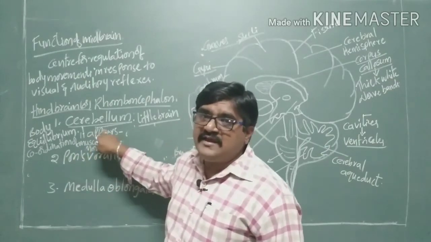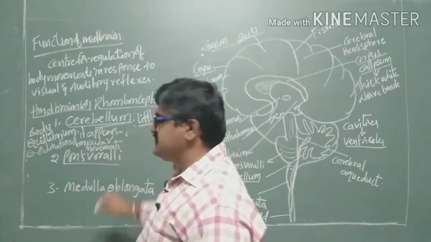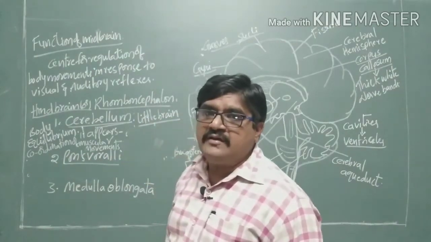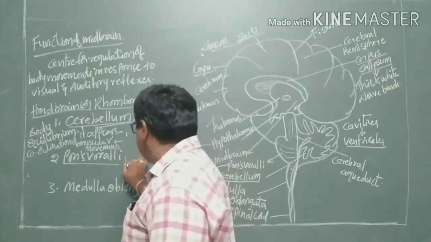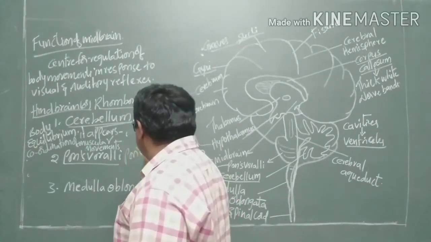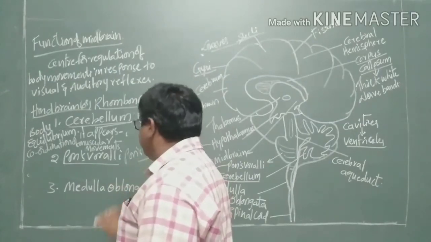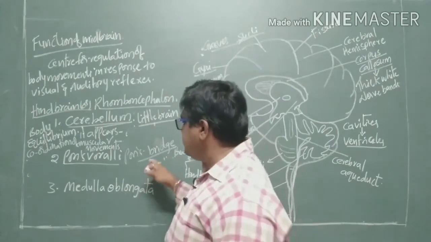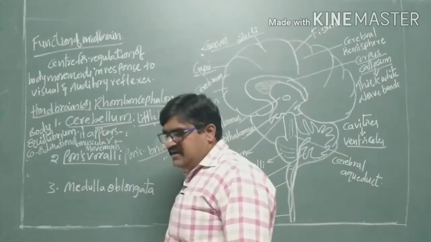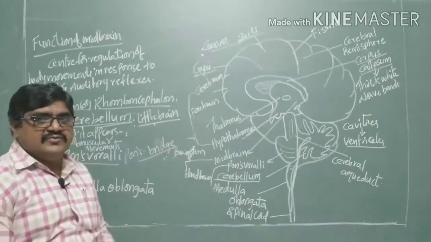Now coming to the second one, the pons varolii. Pons means a bridge. It is a bridge-like connection between the medulla oblongata and the brain stem or the cerebrum.